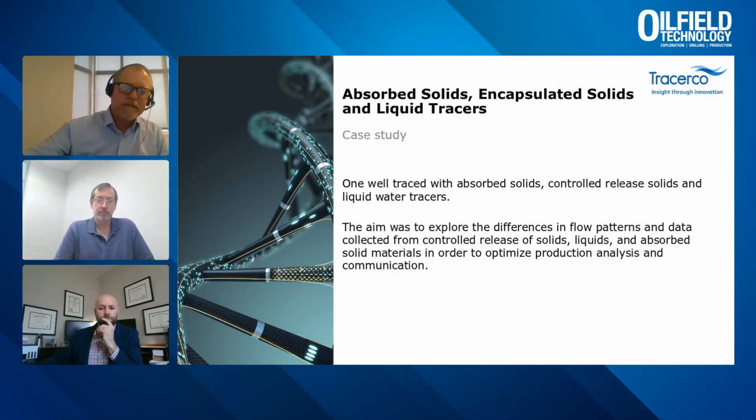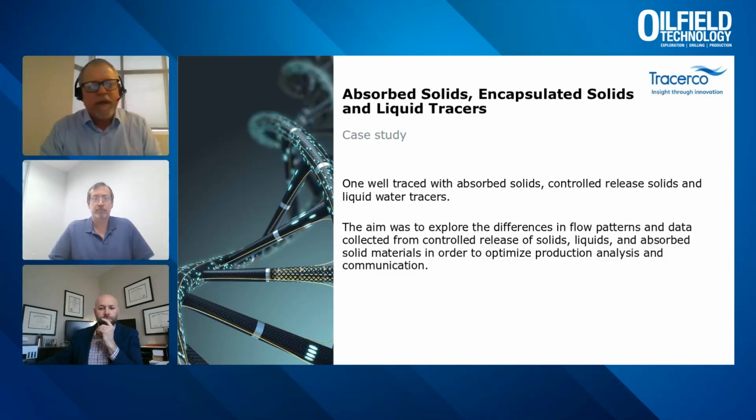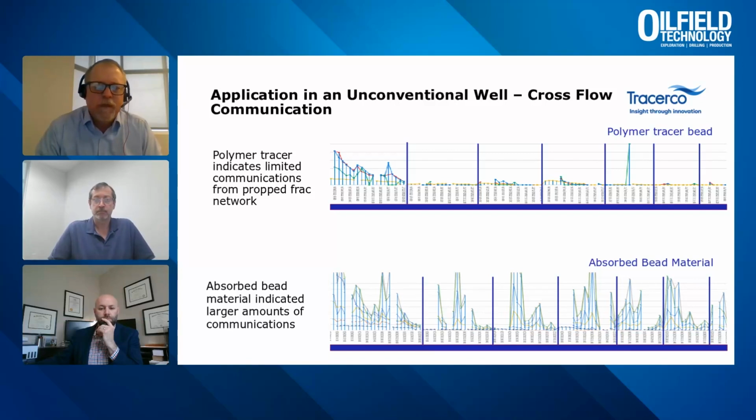So when we look at this following slide, we'll be looking at a comparison between the two, with the top utilizing a manufactured material with encapsulation in comparison to an absorbed bead material. Now, the first set to the left, so starting with the first block to the left, the top line graph provides the production from the wellbore that the tracers were applied to.